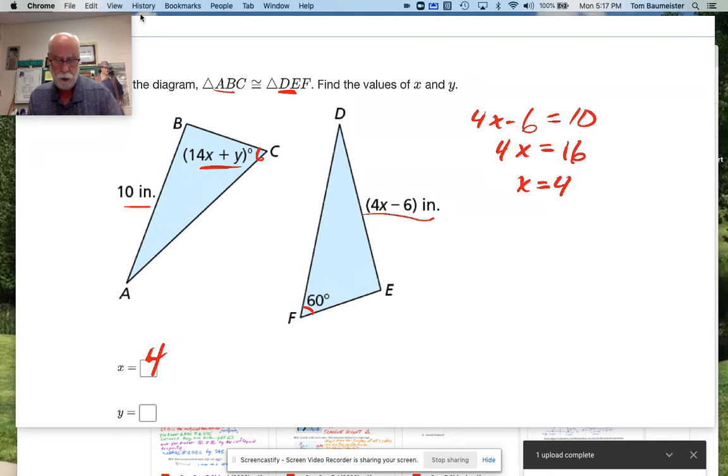And now we can do our inside angles, all right? So now I can say that 14x plus y is equal to 60 degrees. But you just told me that x is equal to 4.